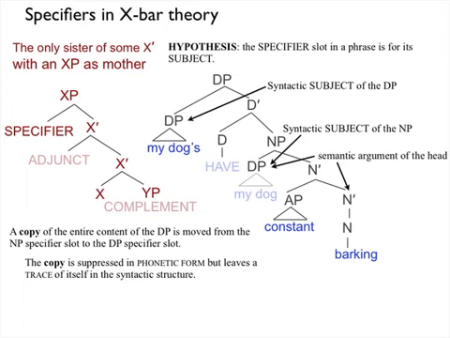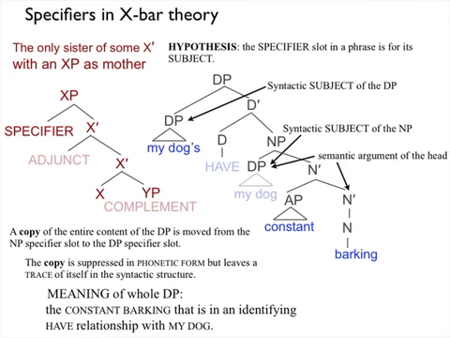Phonologically, it's not there, but it leaves a trace of itself in some sense. So basically the claim is that we know that my dog is up there at the top, and it has to be there for grammatical reasons. But we still know that the DP, my dog, is an argument of barking and is the subject of barking at some level.